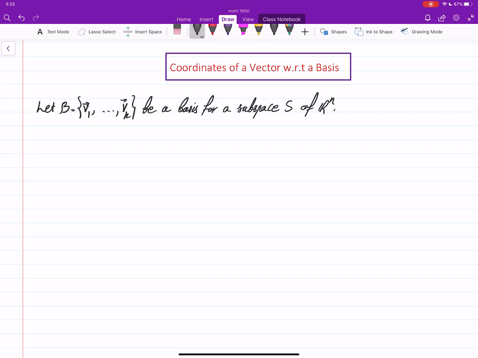So we fix a basis for a subspace. Then we know that the span of curly B is going to be equal to S.